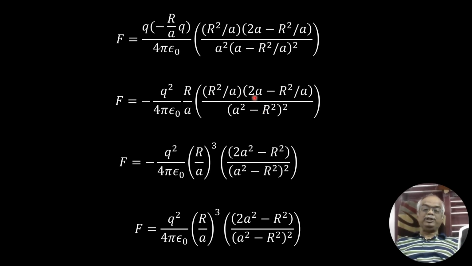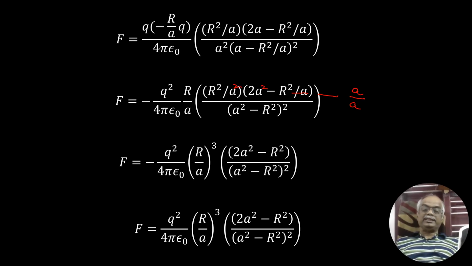Then what about the numerator? In the numerator you multiply and divide by a. Each term I am dividing and multiplying by a. So if you multiply this by a, you will get a squared, and if you multiply this by a, the a will get cancelled.